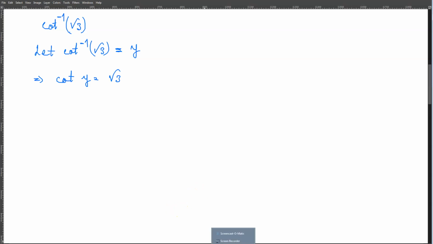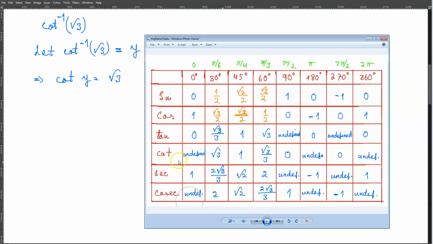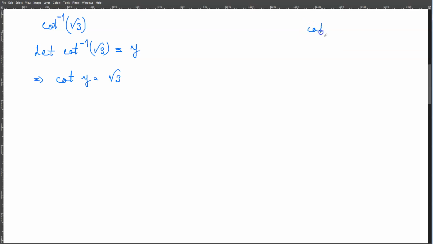Now you can see that the cot of pi by 6 is equal to square root of 3. Cot of 30 degrees is equal to square root of 3. I know that cot of pi by 6 is equal to square root of 3. So this is the same thing as cot of pi by 6.